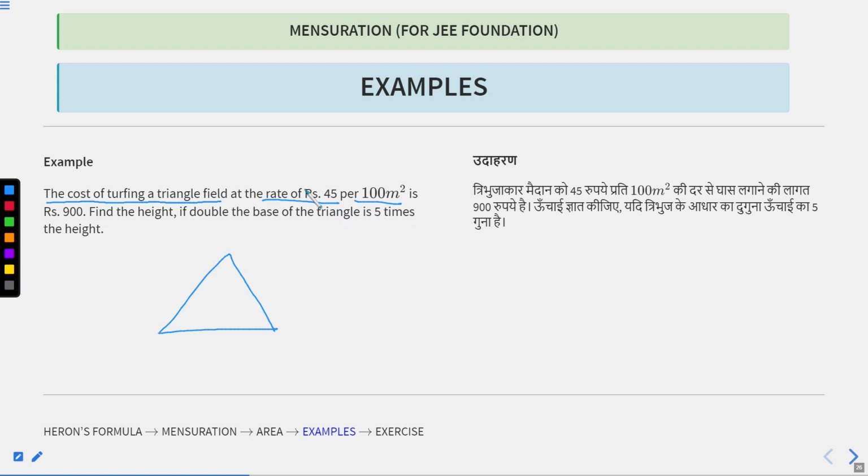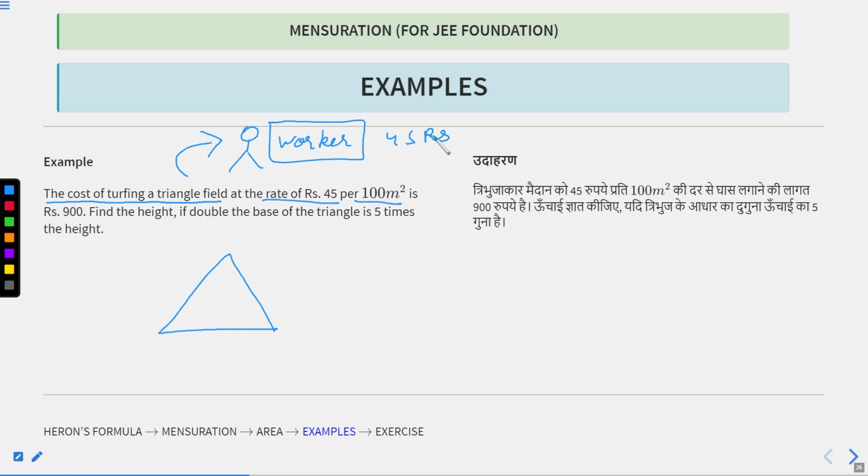So suppose there is a worker. He takes 45 rupees. Okay, think of this question in terms of a worker who is working.